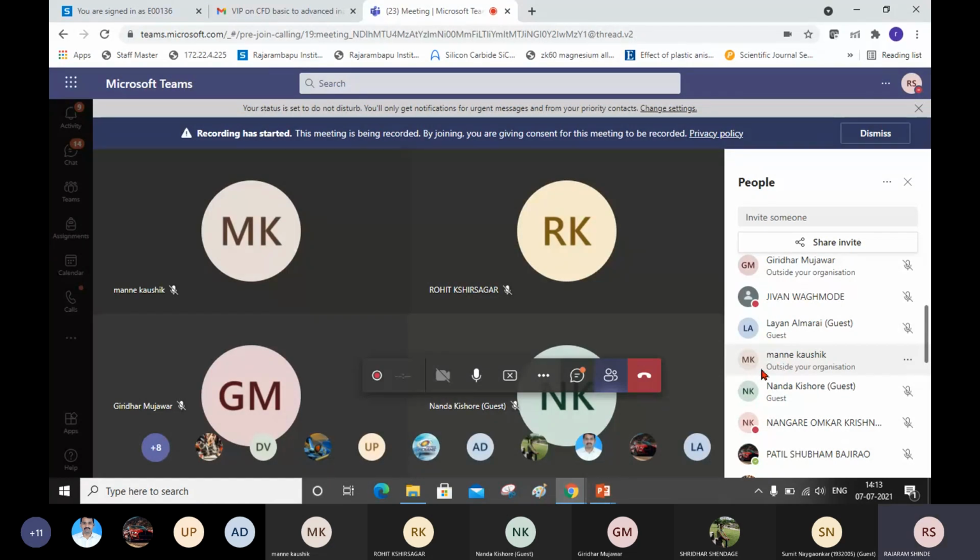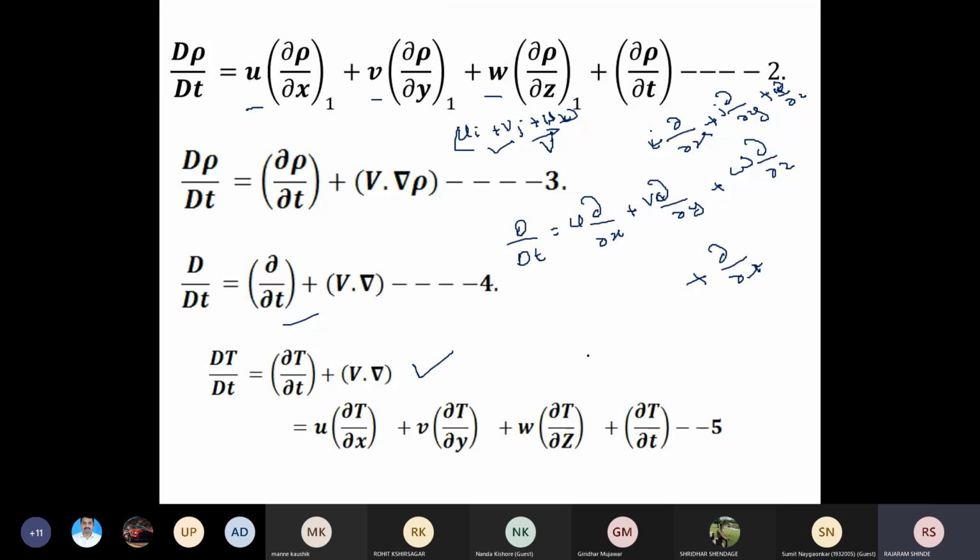Now what are the terms in this case? I will tell you. See here, substantial derivative means it is a total derivative. It is physically the time rate of change in space. Why is it time rate of change in space?